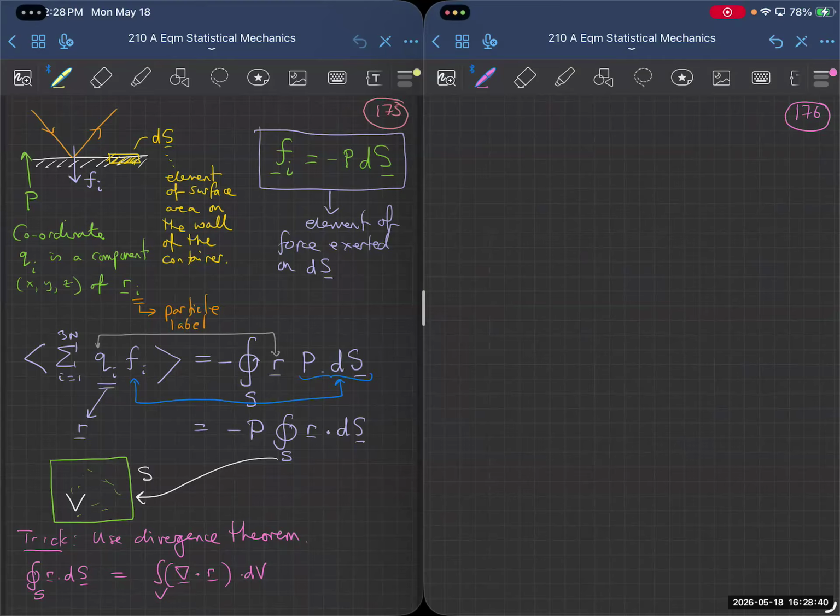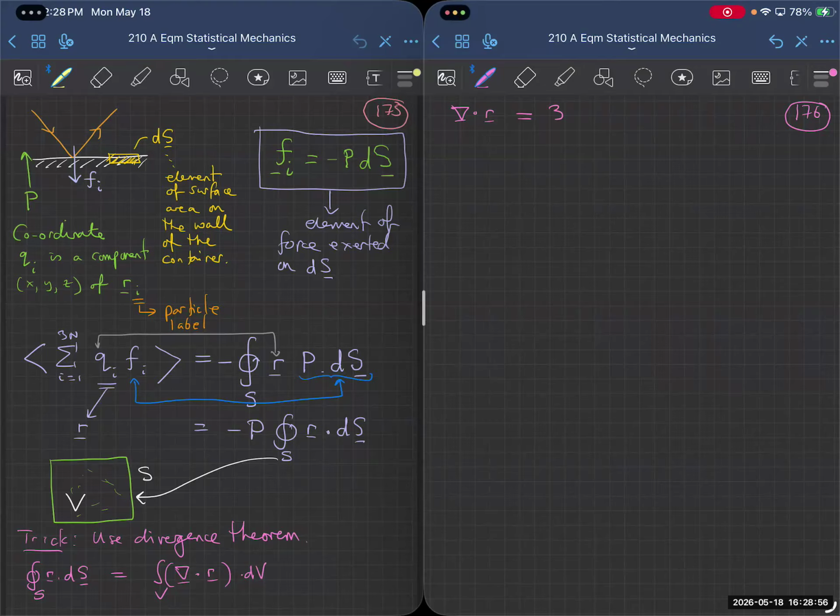But what is div r? Three. Thank you, Andrew. Because it's dx by dx plus dy by dy plus dz by dz. So this is just equal to 3.